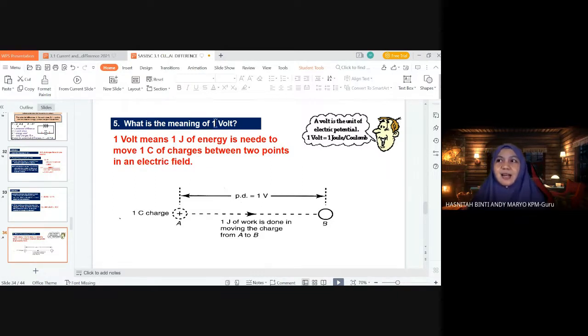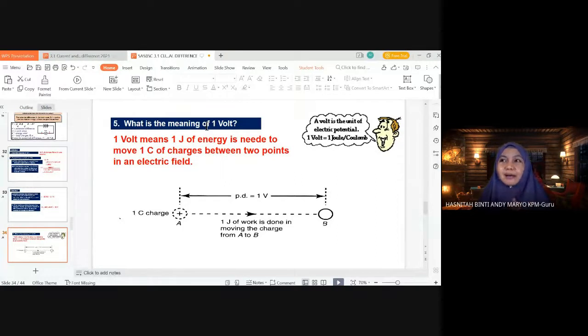It's easy. If they ask what is meant by 100 volt, it means 100 joule of energy is required to move 1 coulomb of charge between 2 points in an electric field. 240 volt is the potential difference supplied to every electrical appliance in Malaysia.